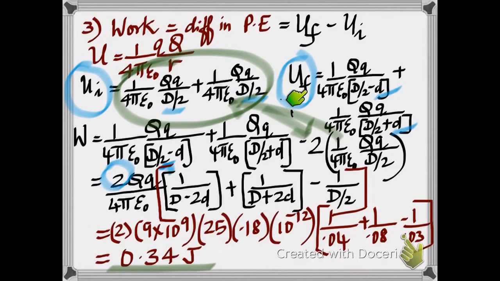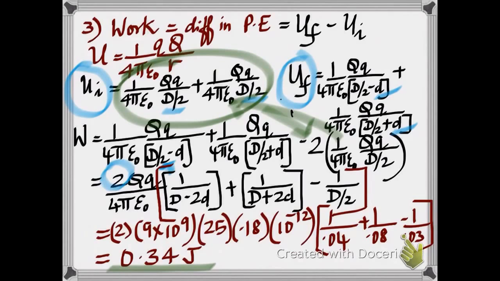Now, to find the final potential energy, you see that it moves closer to one of the charges, so the distance is now smaller by how much it moved. But from the other charge, it is that much further away. That's why you have an increased distance.